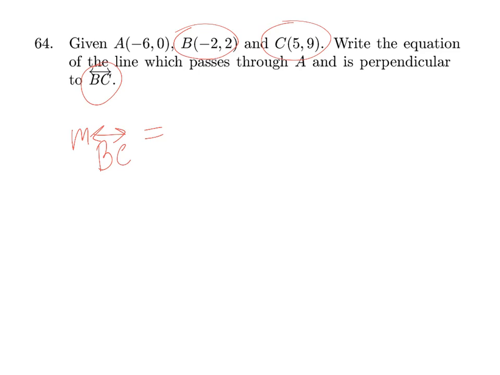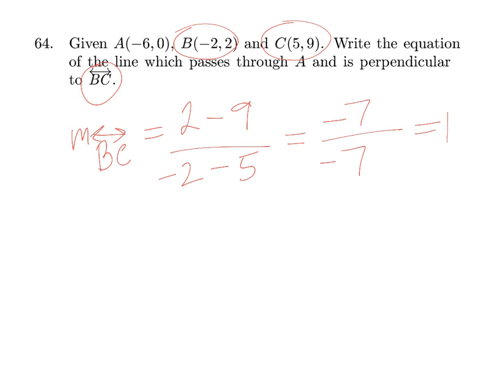So I'm going to have y1, which is 2, minus y2, which is 9, over x1, which is negative 2, minus x2, which is 5. So I have negative 7 over negative 7, which is 1.